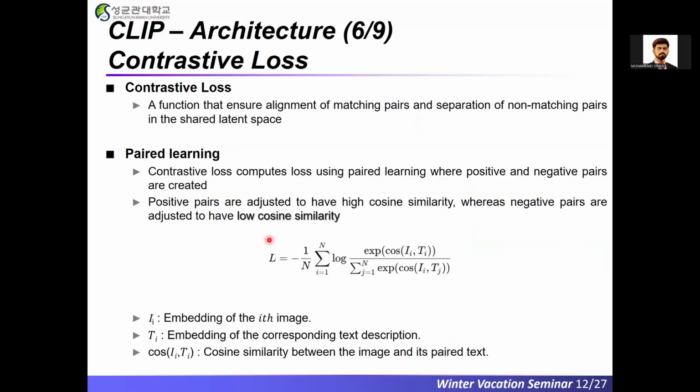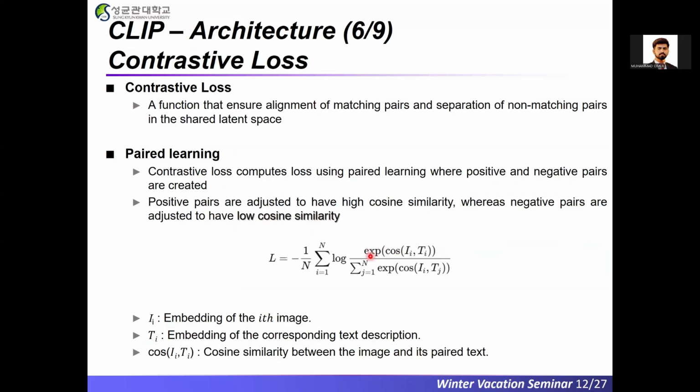So this is the formula for contrastive loss. Contrastive loss computes loss using paired learning. What it means is it makes two kinds of pairs, a positive pair and a negative pair. Positive pairs are adjusted to have high cosine similarity, whereas negative pairs are adjusted to have low cosine similarity.